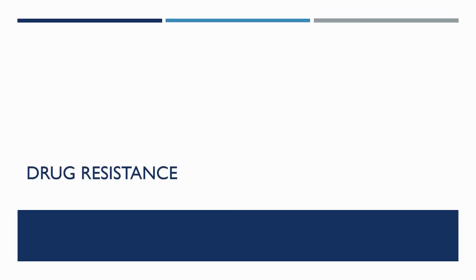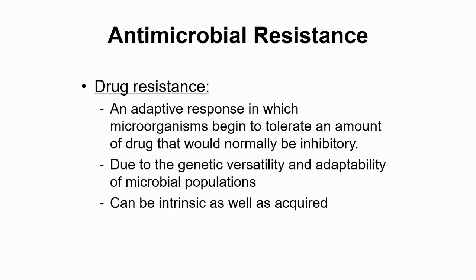So drug resistance. I really want to go back. Understanding how drug resistance happens really depends on understanding what was going on in chapters 9 and 10 with DNA, with microbial genetics, and understanding how natural selection works.